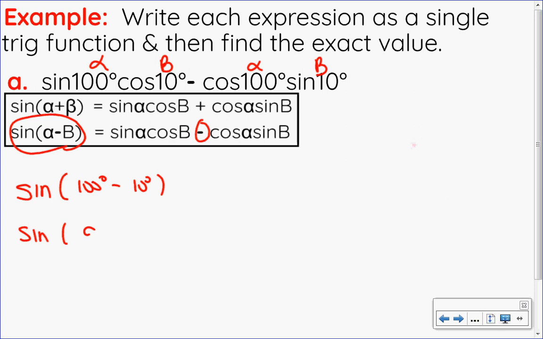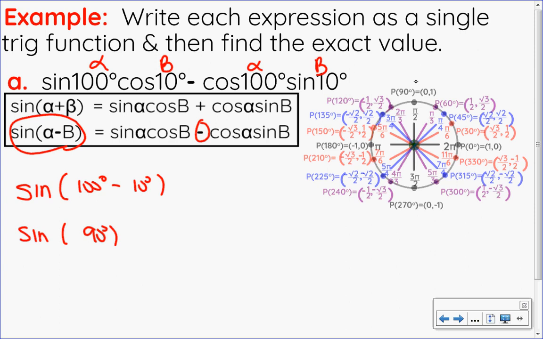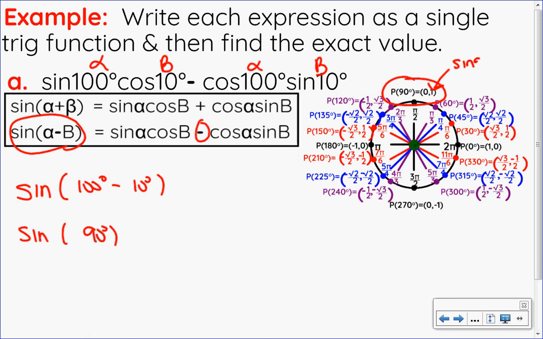Well, 100 take away 10 is just 90 degrees. So that whole expression simplifies to the sine of 90 degrees, which I can find on my unit circle. There's 90 degrees, and I know that sine is my y coordinate. That's the sine of 90 degrees, which I can see has a value of 1.